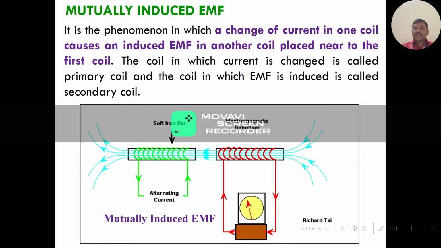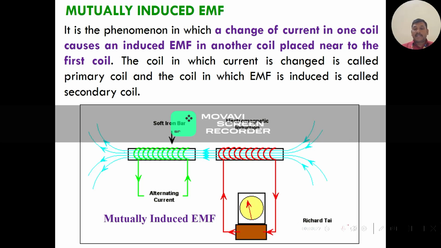Then another concept of induced EMF is mutually induced EMF. In that animated image, I have shown two coils. One is excited by the alternating current and the other coil is connected with a load.